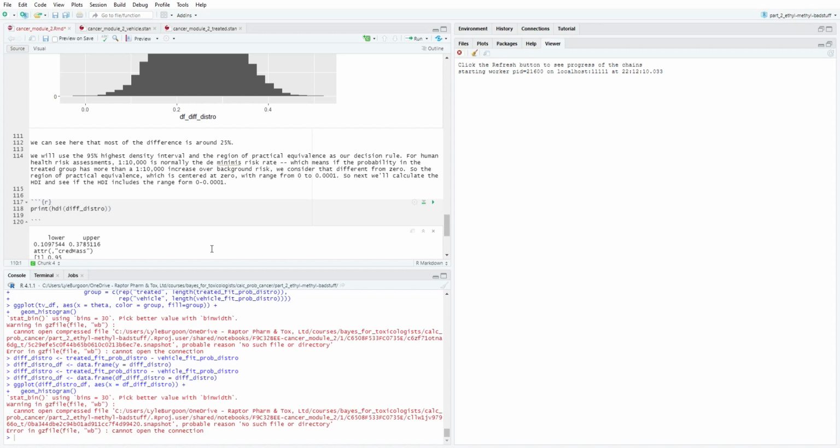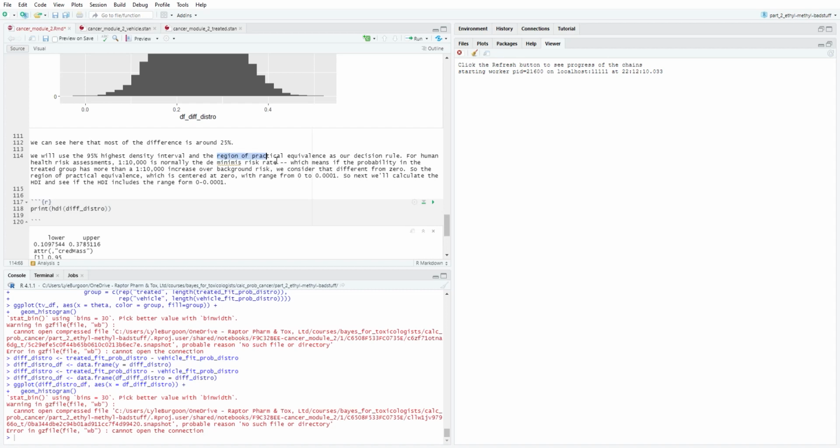Next, what we're going to do is use the 95% highest density interval and the region of practical equivalence as our decision rule. What in the world does that mean? Well, we talked about the highest density interval before, right? It is the region of the distribution that has the most amount of density in it. It is not necessarily the same as the credible interval.